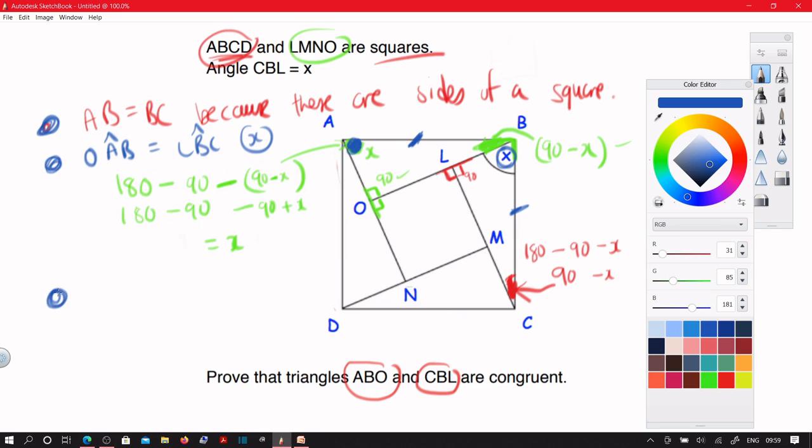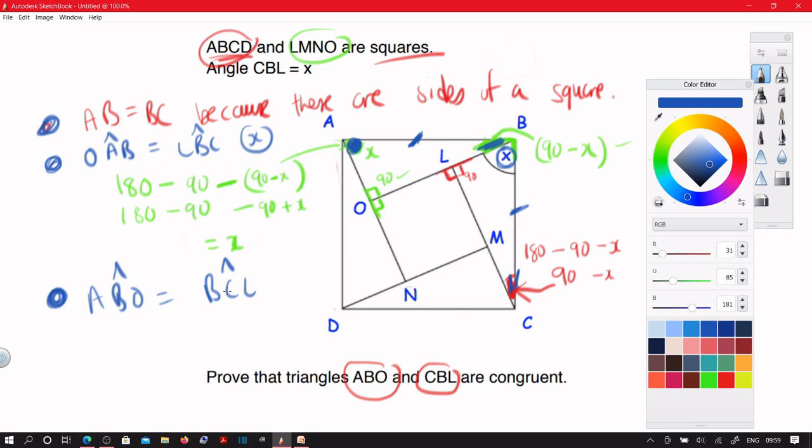What else can we say? Well, you've got 90 minus x over here, and you've got 90 minus x over here. They're matching as well. So we have to say angle ABO, that one there, is equal to angle BCL, that one. You can call this ABO or OBA, whichever order, as long as B is in the middle of those two letters.